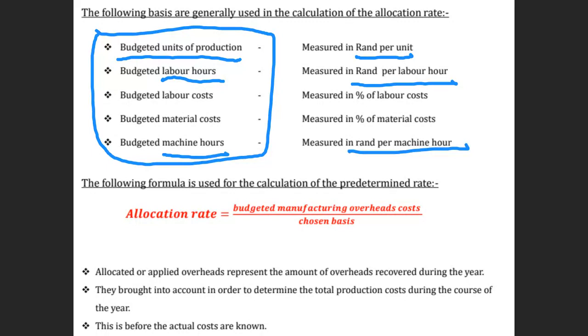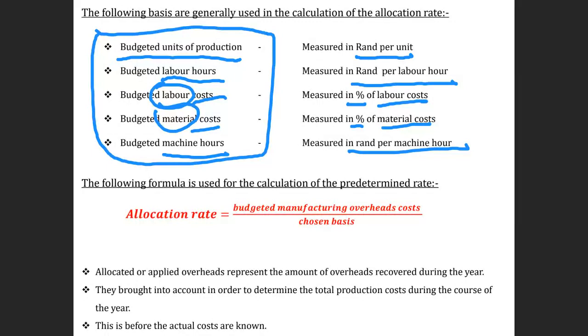And if it's based on a cost, whether it's labor costs or material costs, it's going to be percentage of labor cost and percentage of material costs. That's very important because when you're applying this allocation rate in the final step, whatever the unit of measurement was, whether it's a percentage or rand per unit, per labor hour, and so on, you need to apply that respectively.